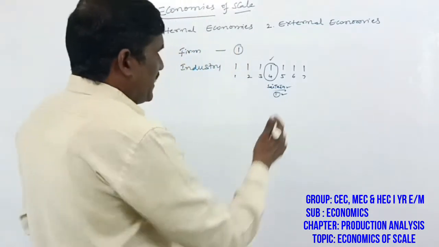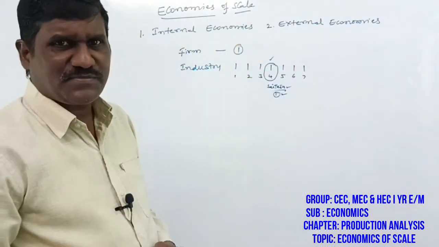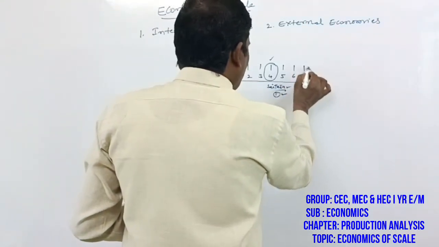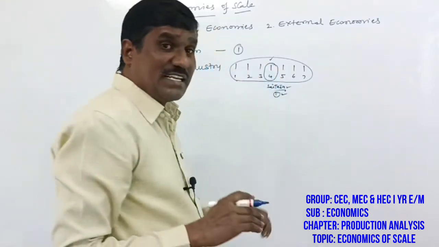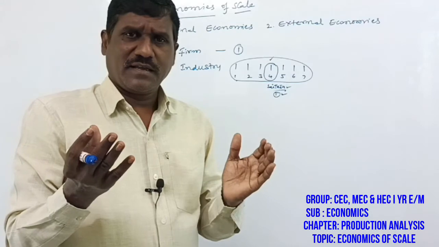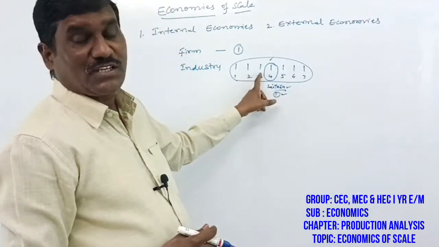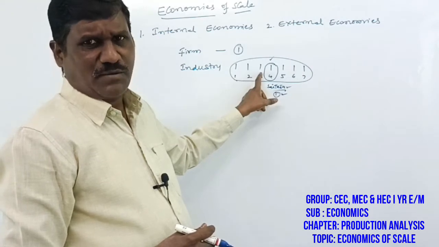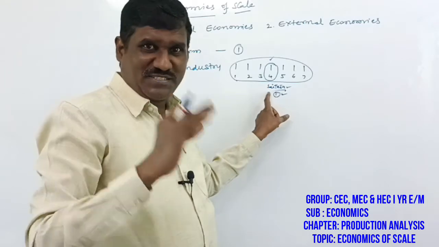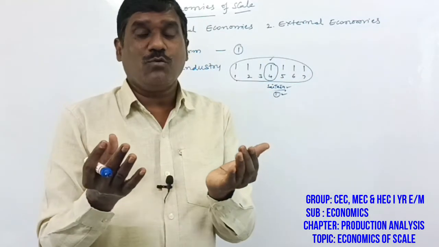The second one is external. What is external economies? When the industry expands, when the industry increases its output, then all firms can enjoy certain advantages. That is called external economies. For example, in internal economies only Sai Teja is getting good marks, but in external economies all students are getting good marks.